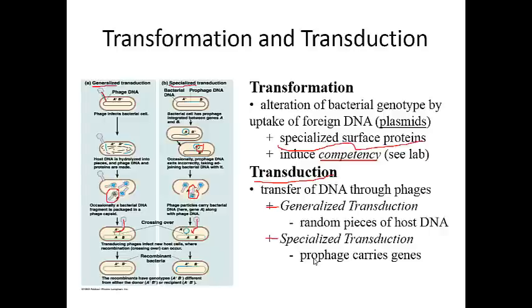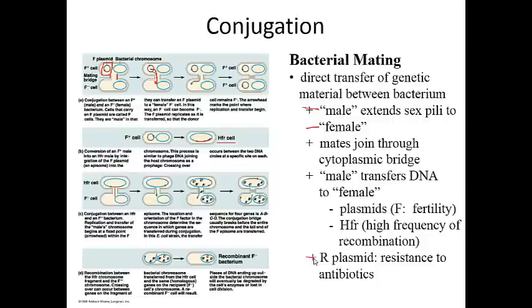Transformation is the direct uptake of plasmids from the environment. Transduction is when a phage accidentally transfers DNA from one bacteria to the next. And conjugation is going to be bacterial mating, when bacteria directly transfer genes from one to the other using a cytoplasmic bridge.